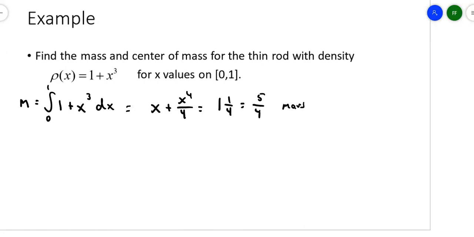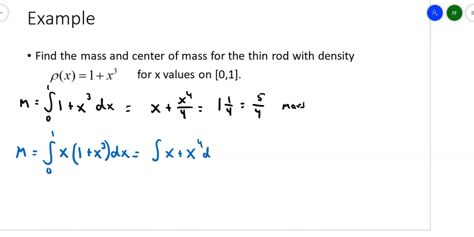Now I'd like the sum of what we call the moments. So the sum of the moments is the sum of all the x times rho of x's. So again, same limits of integration. x times rho of x, so x times 1 plus x to the third. And that gives me the integral of x plus x to the fourth. Don't forget to multiply by the x first, then take the antiderivative.